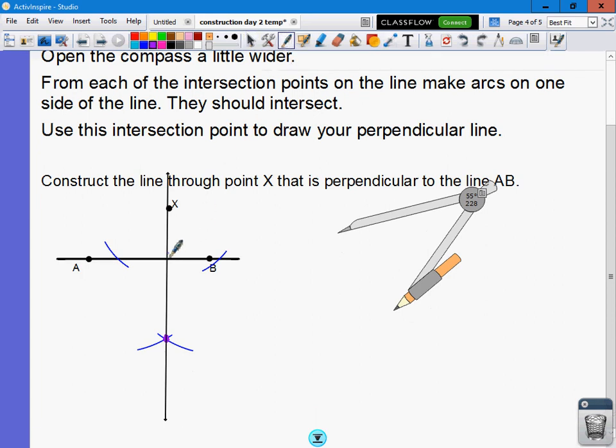And if we've done that, this should be what type of angle? Should be perpendicular. This should be a right angle. We all good? Questions?